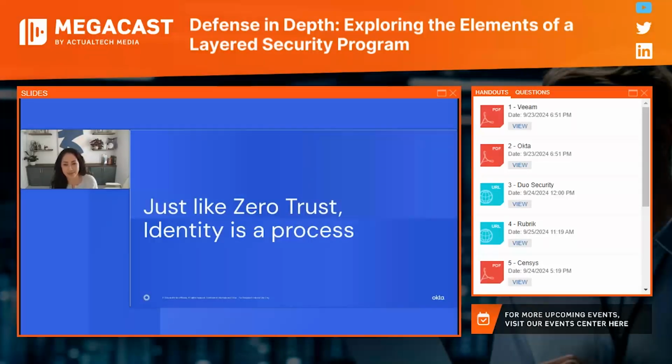Now, let's continue on that thought of looking forward. To do this, we need to continue to evolve the way in which we're thinking about identity. Zero trust is a framework that requires visibility and control across your entire security and technology stack.